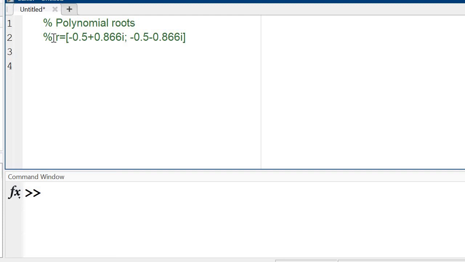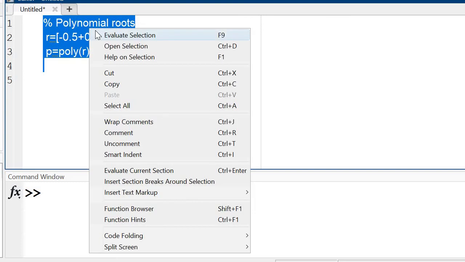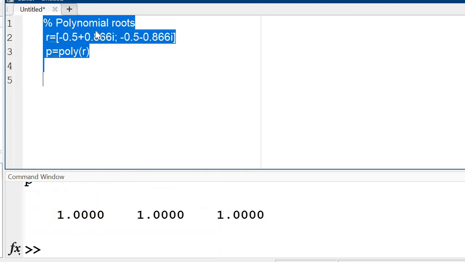Now delete this percentage because I have the roots. Now we want the polynomial function of r. Now what is the answer? This is the answer, 1 1 1.